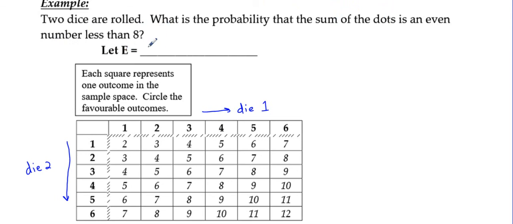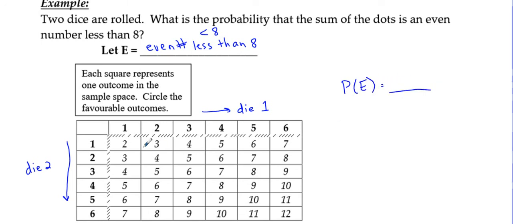So E is going to represent an even number less than 8. And if you even want to shorten your work, rather than saying less than 8, you can just use the less than symbol, like that. So we need the probability of having an even number less than 8.